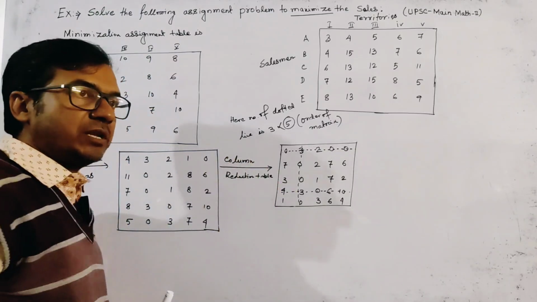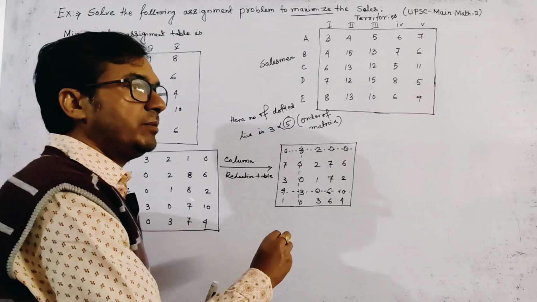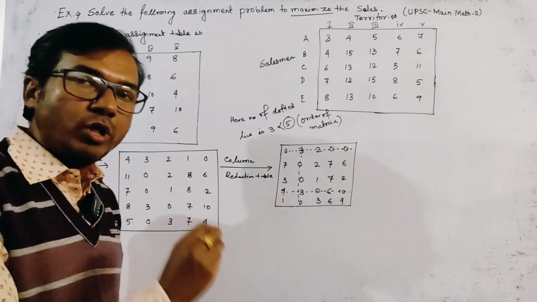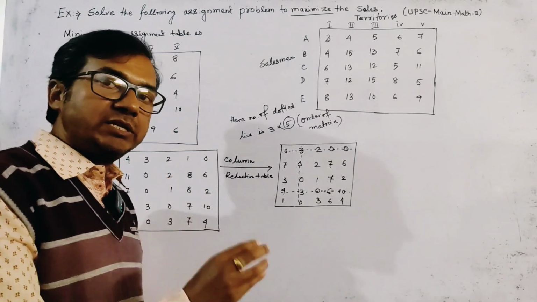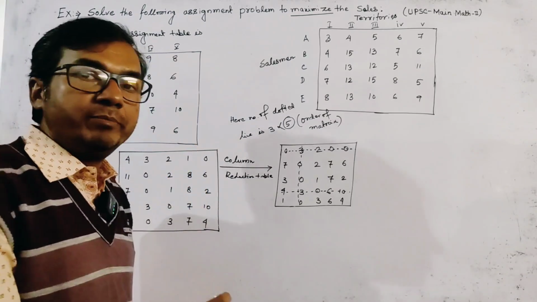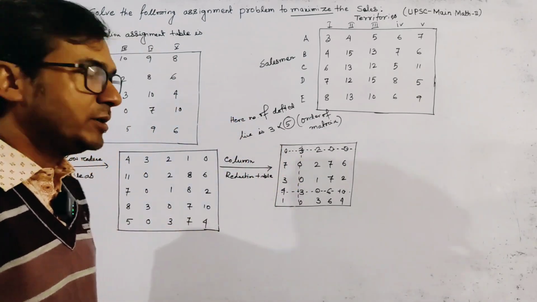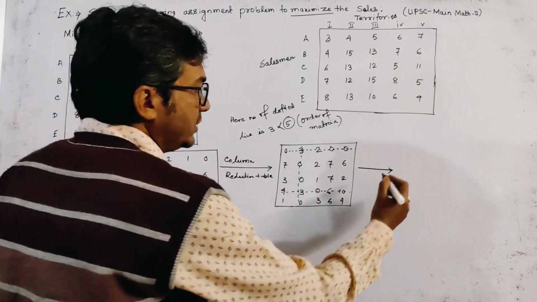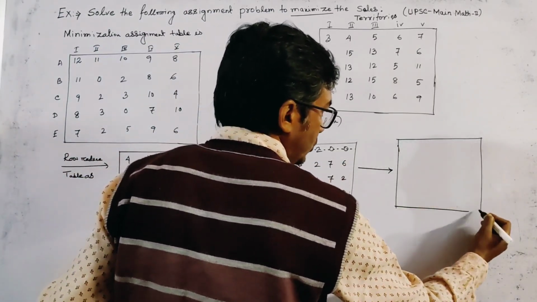Clearly 1 is the least element, so we subtract the least element from all the uncovered elements of the table, and we add this least element to the elements which are at the intersections of the lines. Okay, we practically do this process and draw the next table.